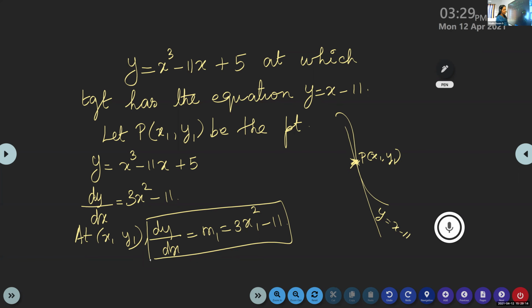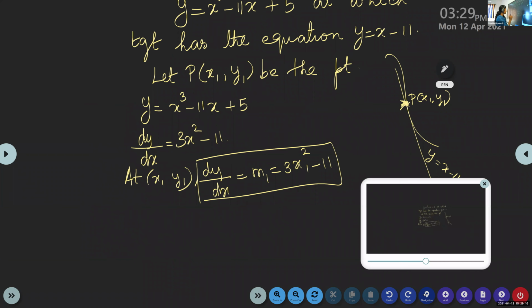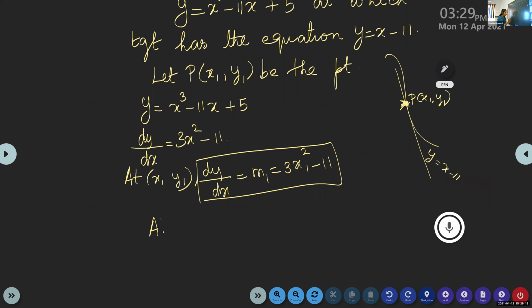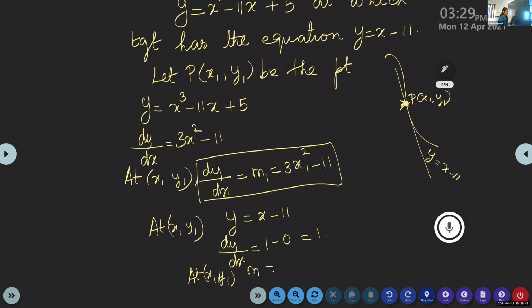The equation of the tangent is given as y is equal to x minus 11. So what is dy by dx here? dy by dx is equal to 1 minus 0, which is 1. So at x1, y1 the slope is m is equal to 1.